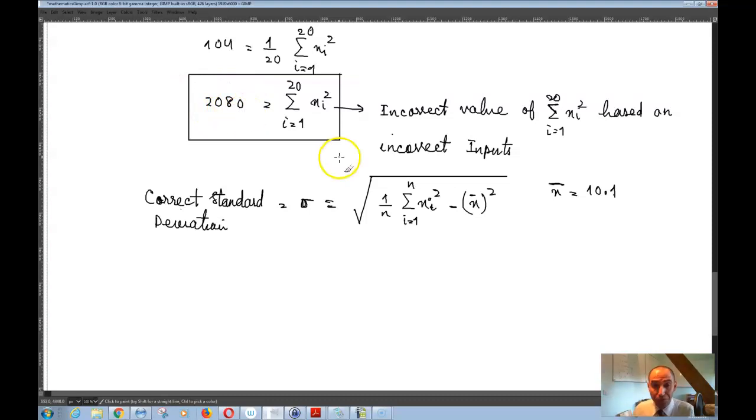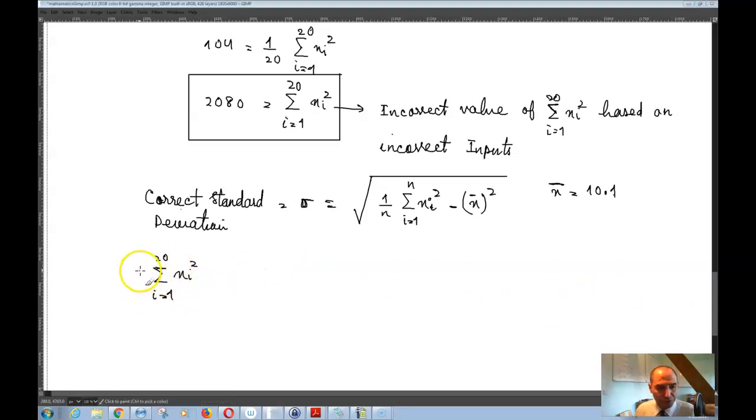Based on this value, I can calculate the correct value for sigma x of I squared. Let me write this, for example, this way: this is the incorrect value.